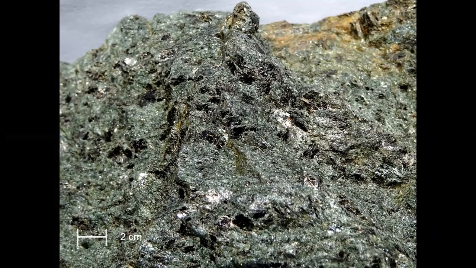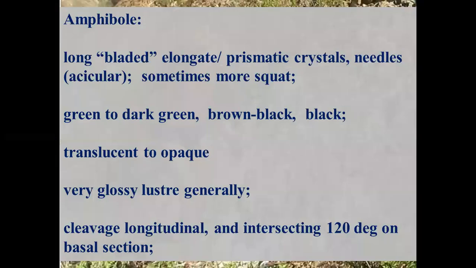amphibole in this one. So summarizing the amphiboles, we've got these long bladed, elongate prismatic needles, and acicular is the term. They can be a little bit more squat, but you shouldn't confuse them with pyroxenes because of this very, very glossy luster.